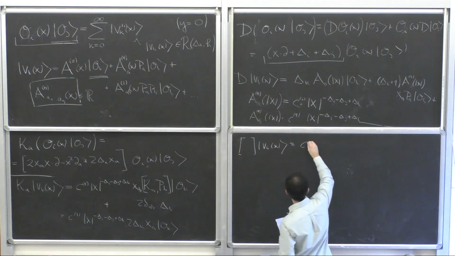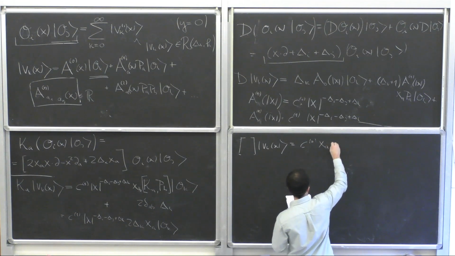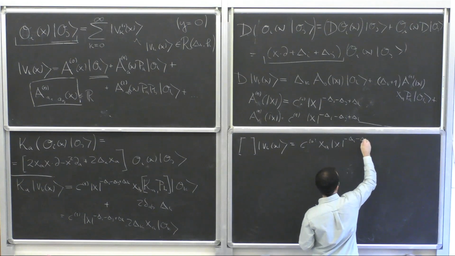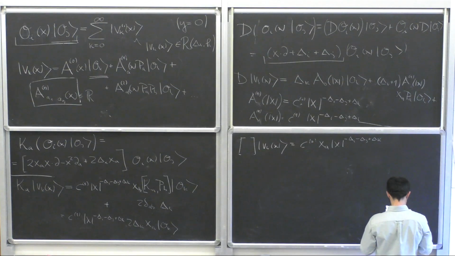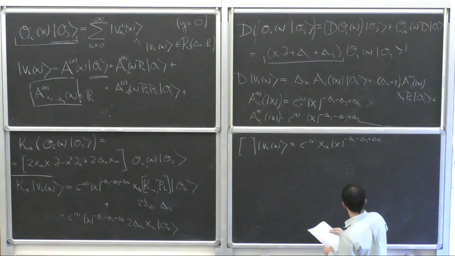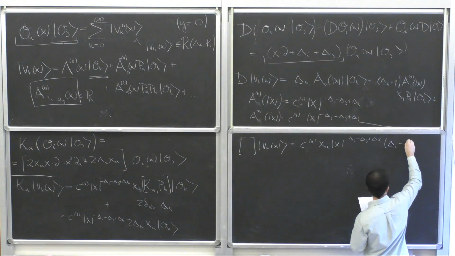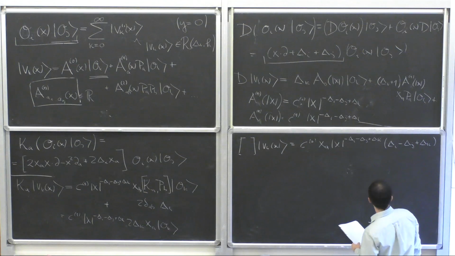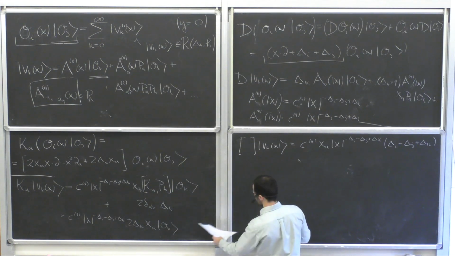You get C0 XA x to the minus delta I minus delta J plus delta K, times delta I minus delta J plus delta K. So this multiplies the primary.